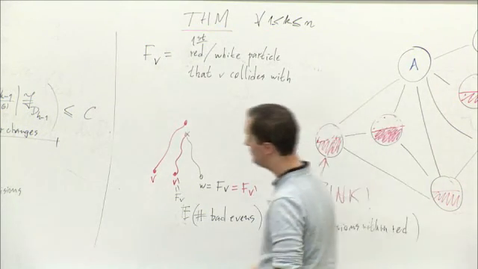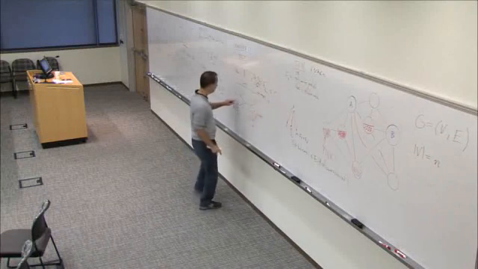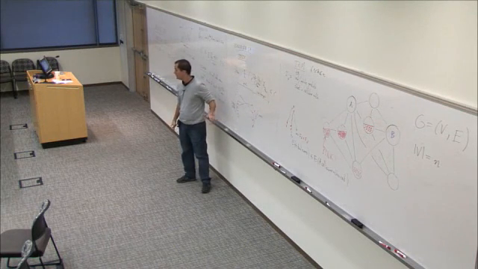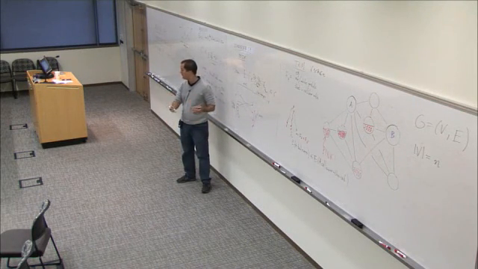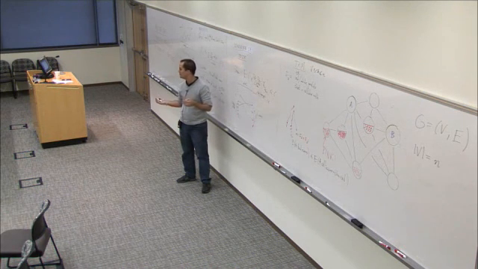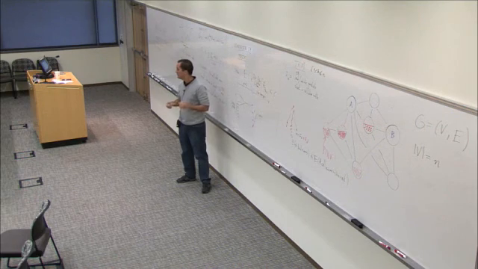And why is this good? Well, because as we started out, we said we have less red than white. So you have the expected number of collisions with white minus the expected number of collisions with red. This is typically going to be positive. And then you're good to go.